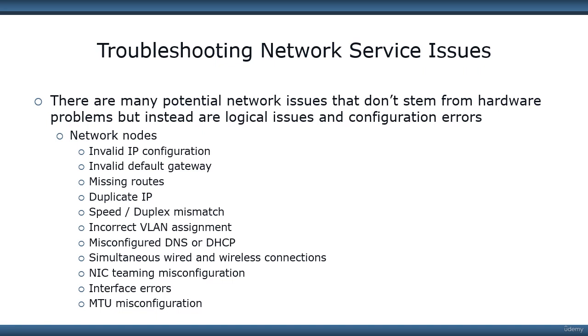Misconfigured DNS or DHCP. DNS specifically can result in you not being able to resolve names correctly. I've had many times where somebody went in and assigned a public DNS server to clients on a Windows network. That's all well and good for internet access, but it prevents those clients from being able to communicate with domain controllers.